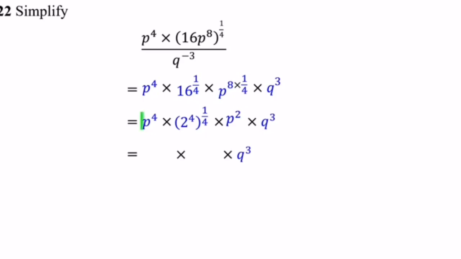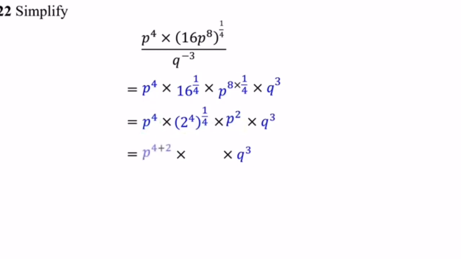Alright, so make sure you try to pick up the proper way to do indices, because nowadays I don't think they will set the question whereby you can press a calculator. Alright, so p power 4 times p power 2, you will take p power 4 plus 2. That is the indices law.